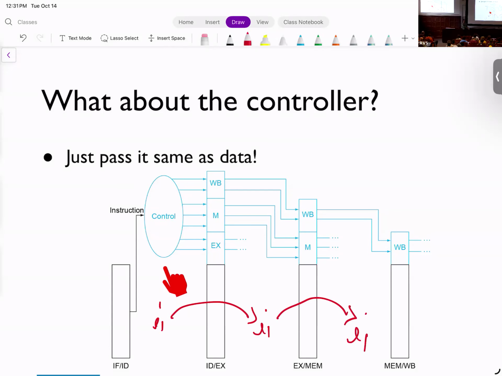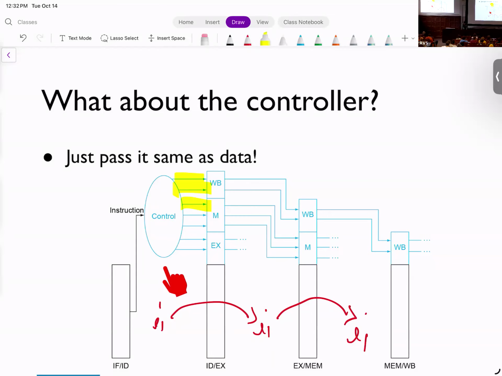When I say I1, I mean any data associated with that instruction. That includes all the datapath-related data as well as the controller data. So when we are passing things, we are passing controller signals to the registers as well. Data and control data are both passed to the next stage, and the next, and the next.